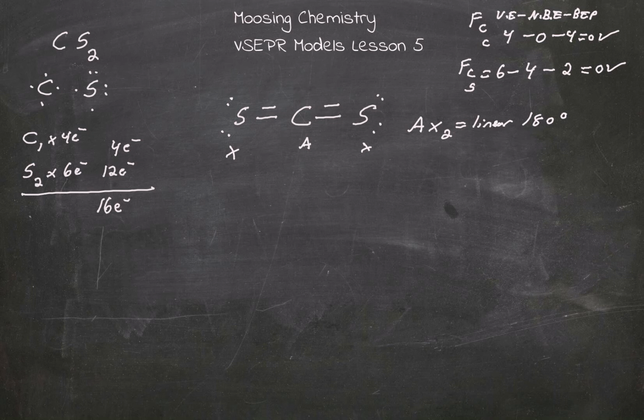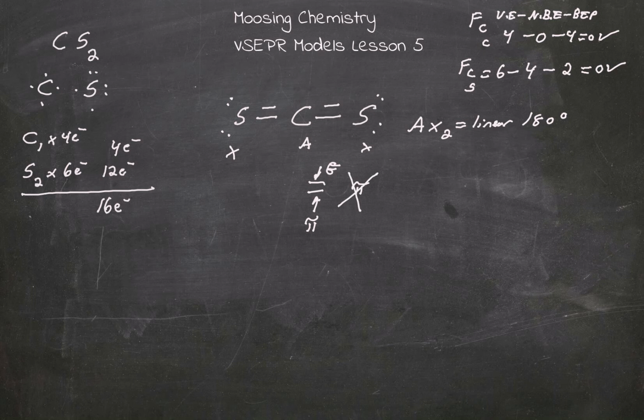Carbon has 2 sigma bonds, as a matter of fact. Actually, it has 2 pi bonds too. We have a sigma bond, and that's the first one, and we have a pi bond on the second one. So pi bonds don't count in our hybridized orbitals.